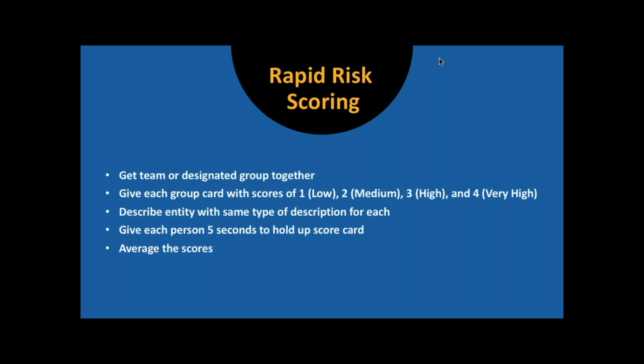You then have a spokesperson describe each process, each requirement, each test case, whatever the asset might be. As they describe the asset, each person will quickly hold up one of those risk score rating cards, and you would then average the scores. So perhaps you have 6 different people, you describe a process to them, and you will be surprised how close everybody is with scoring the risk.